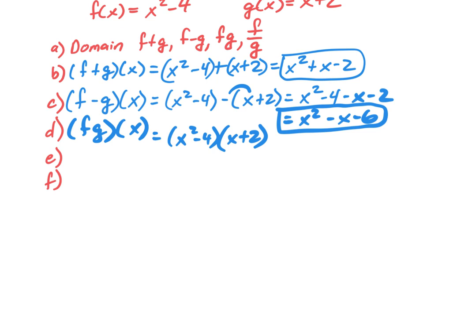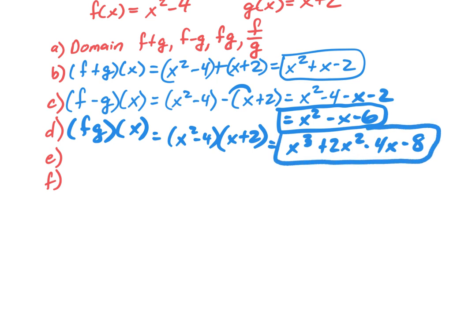We haven't seen it for a while, but we should know FOIL. It's a binomial times a binomial. So we're going to take x squared times x, which is x cubed, x squared times 2, minus 4 times x, minus 4 times 2. All four of these terms are different. So that's my answer. First, outside, inside, last.